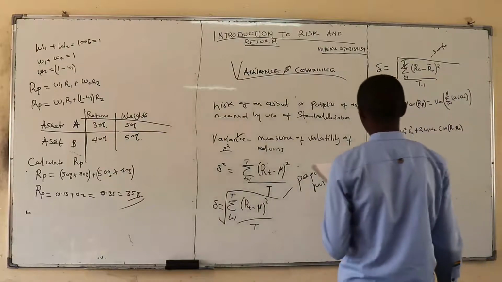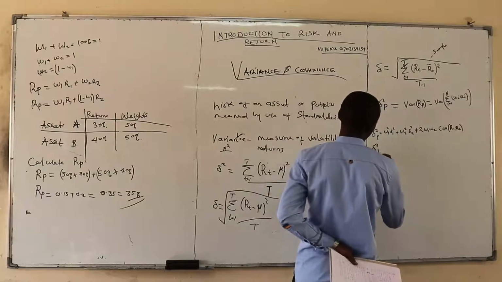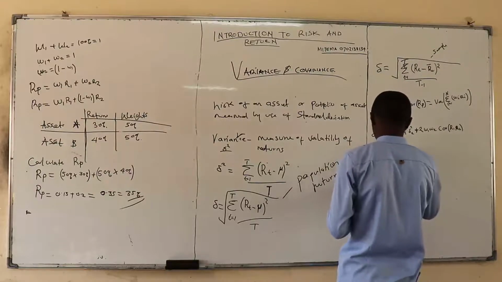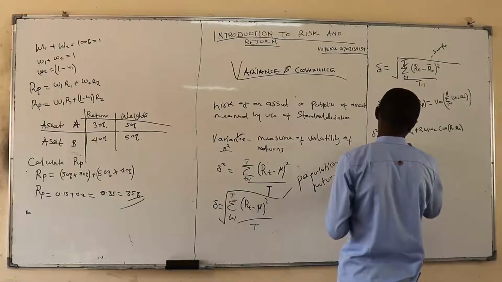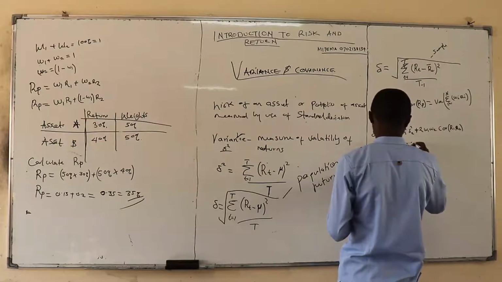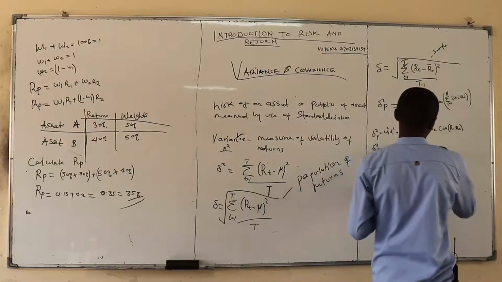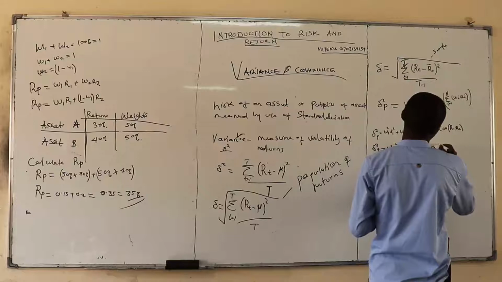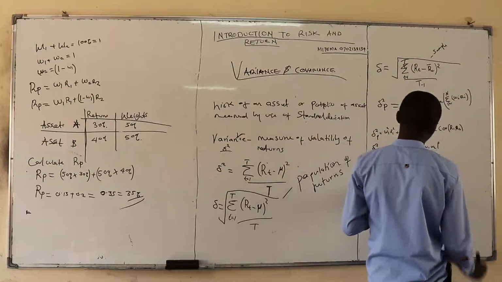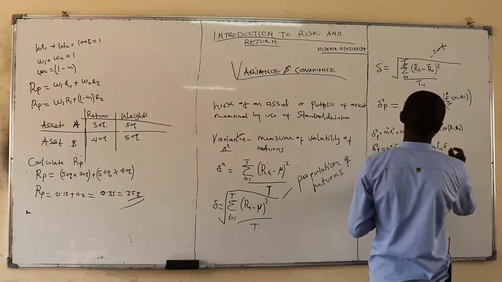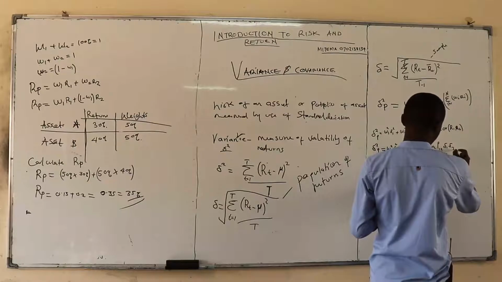It can also be written as: the first weight squared times the first risk squared, plus the second weight squared times the second risk squared, then you add 2 times the first weight, the second weight, then this correlation term, the risk of the first asset and the risk of the second asset.